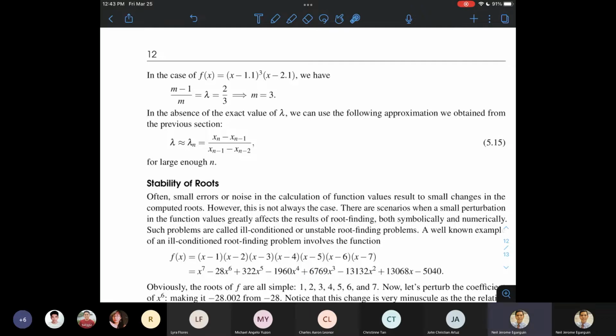Or to get an estimate for, not compute lambda, because you replace lambda with lambda sub n. So you can compute m. You will have an estimate of the multiplicity of the root you are looking for. But again, this is still impractical.